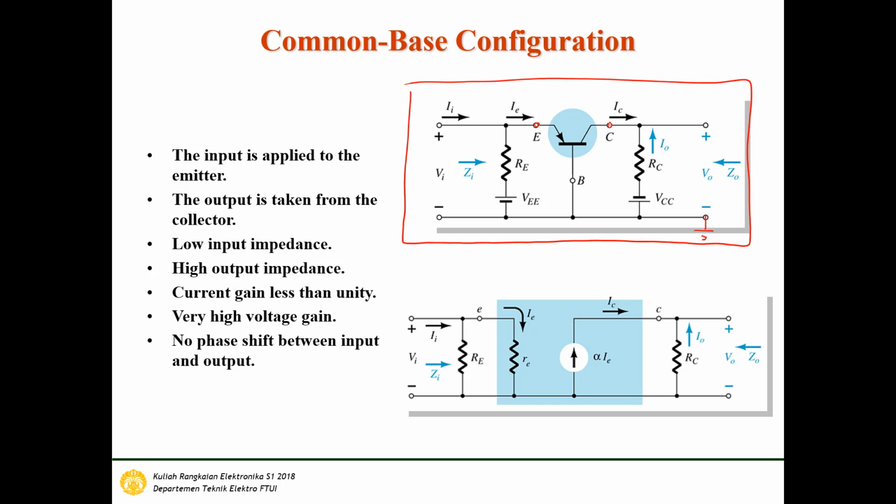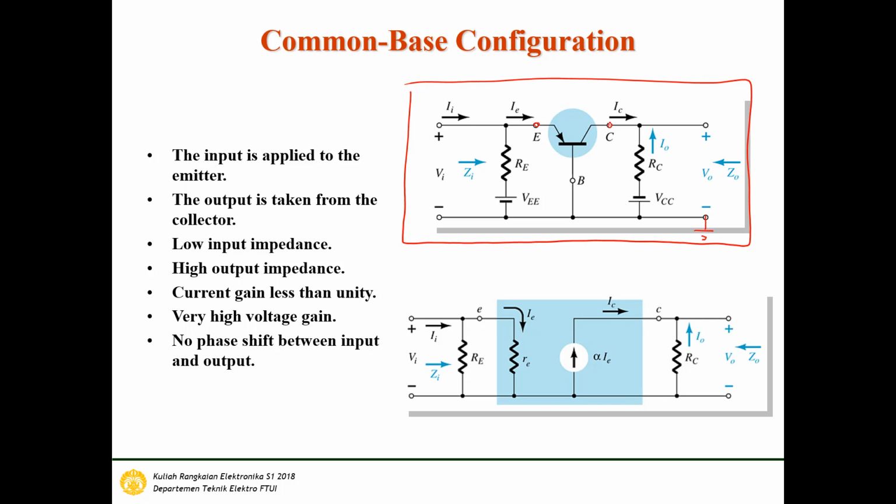We see that the common emitter and common collector have high input impedance, but in the common base configuration, we connect the emitter with the ground, so it will be connected in parallel with the small emitter resistor here.